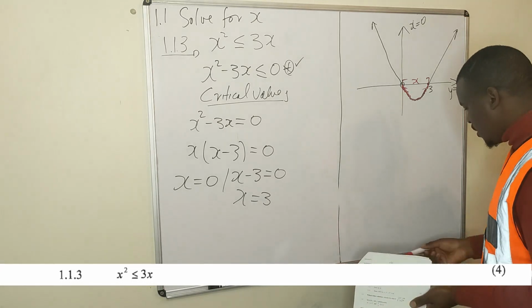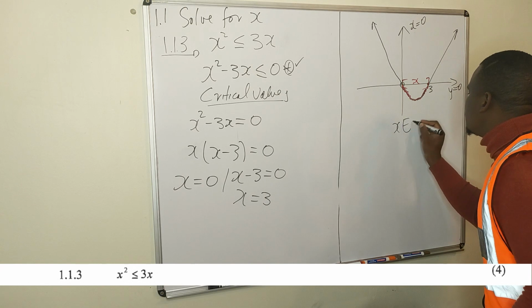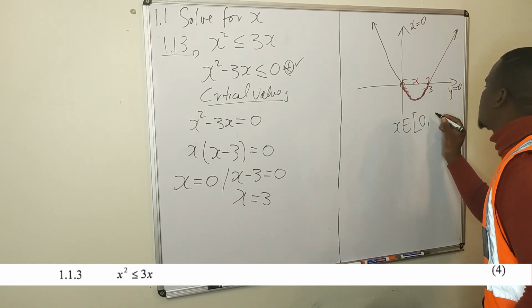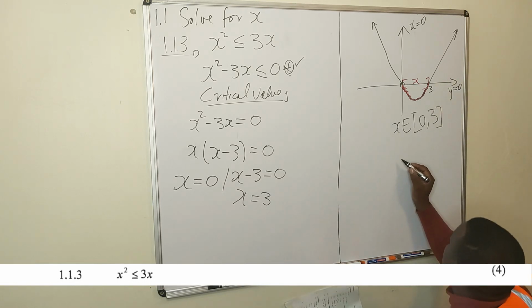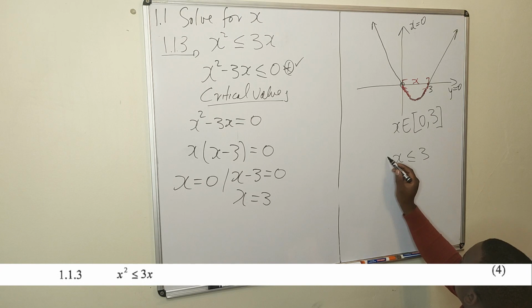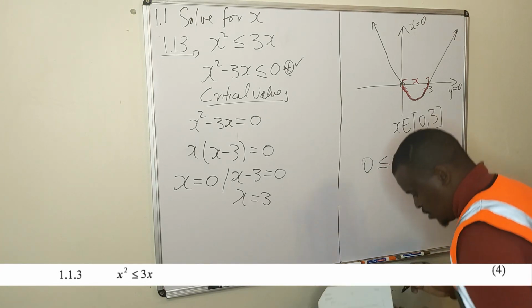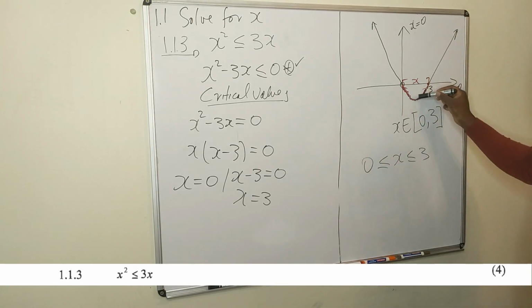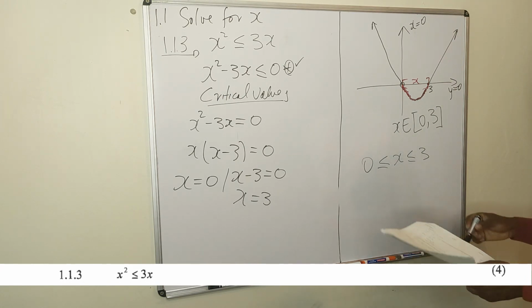So your x should be an element of this closed interval, 0 to 3, or one would say x is less or equal to 3 and greater or equal to 0. This is the solution. This is how you do this, and you go to the next question.